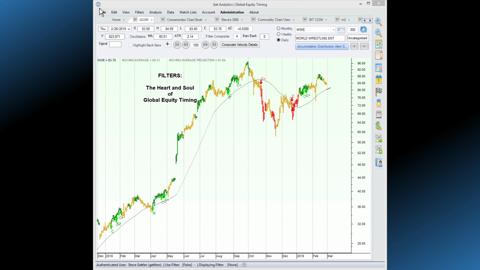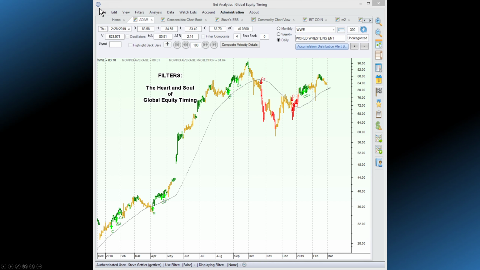These are things that actually help us guess whether a stock is going to go higher or lower, or how much potential it has in combination with an ATOM buy or sell signal.